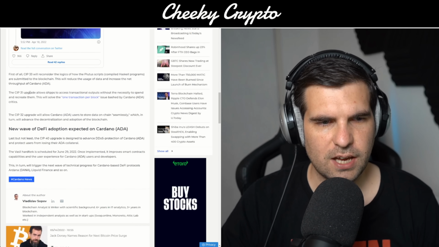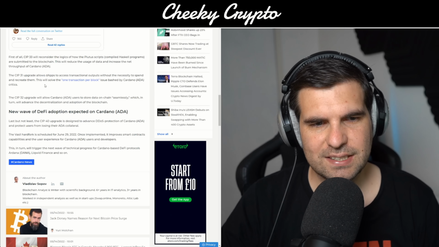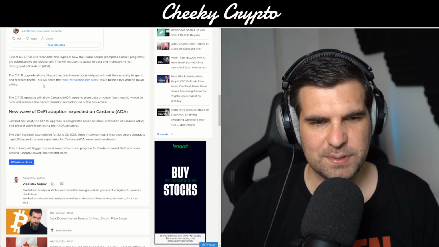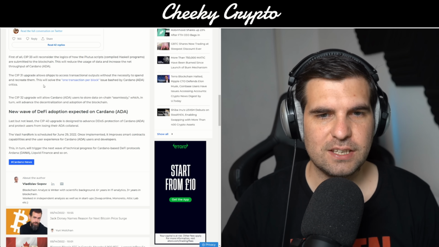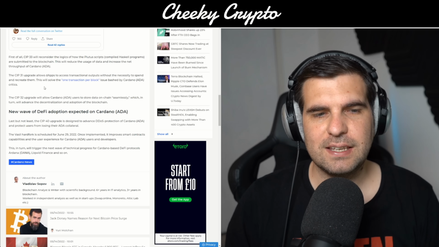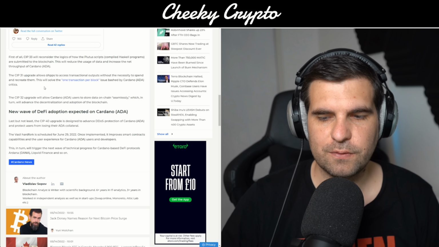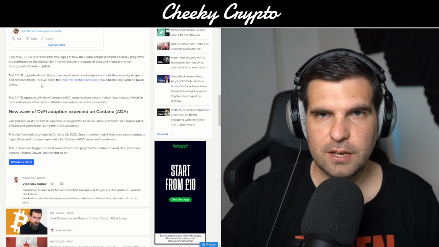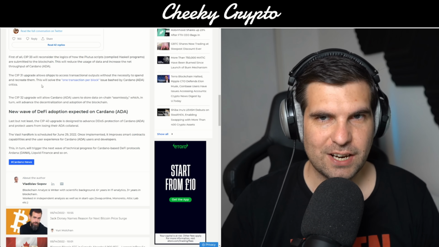We can actually take a look just on here, right? So we'll start with CIP31. Basically this allows dApps to access transactional output without the necessity to spend or recreate those transactions. This will basically solve that issue that I guess a lot of developers were facing early on, which was one block or one transaction per block. Now that wasn't actually technically true.